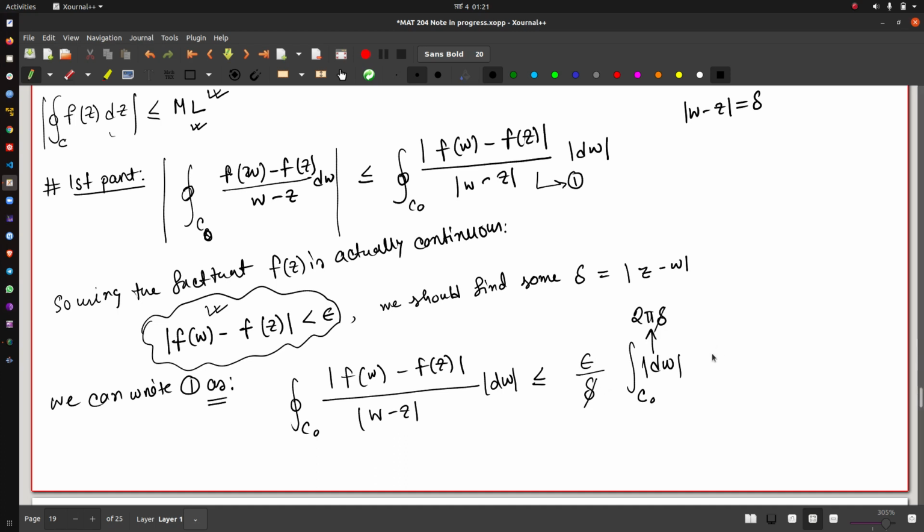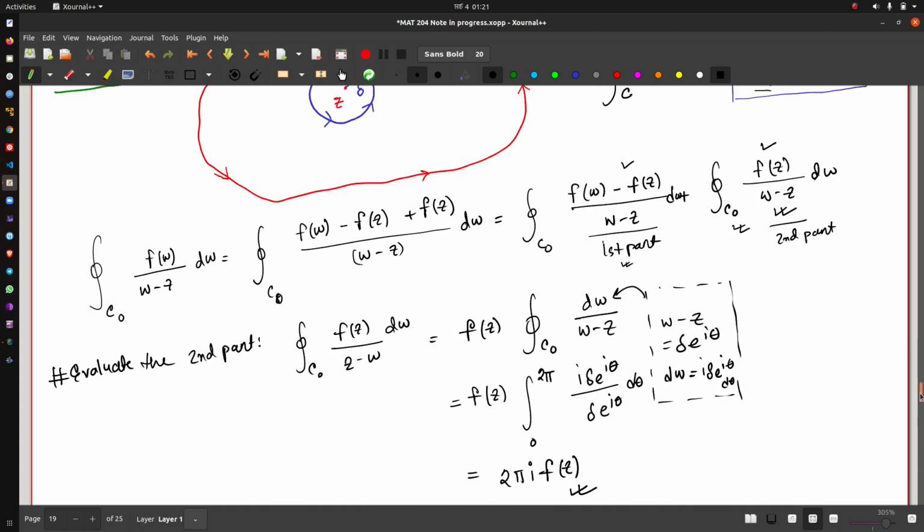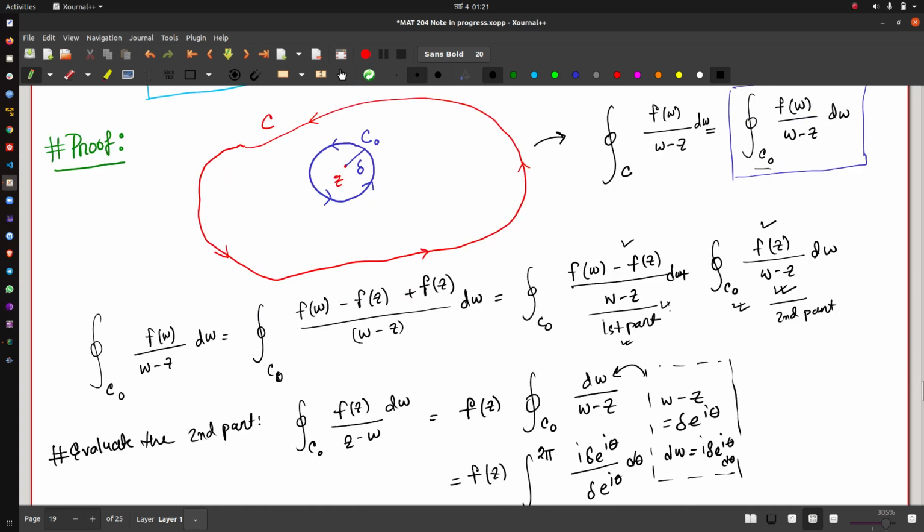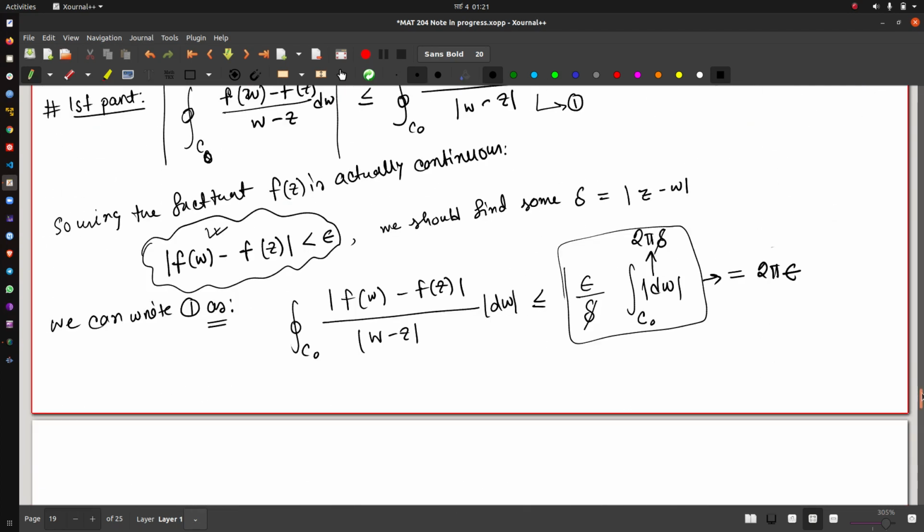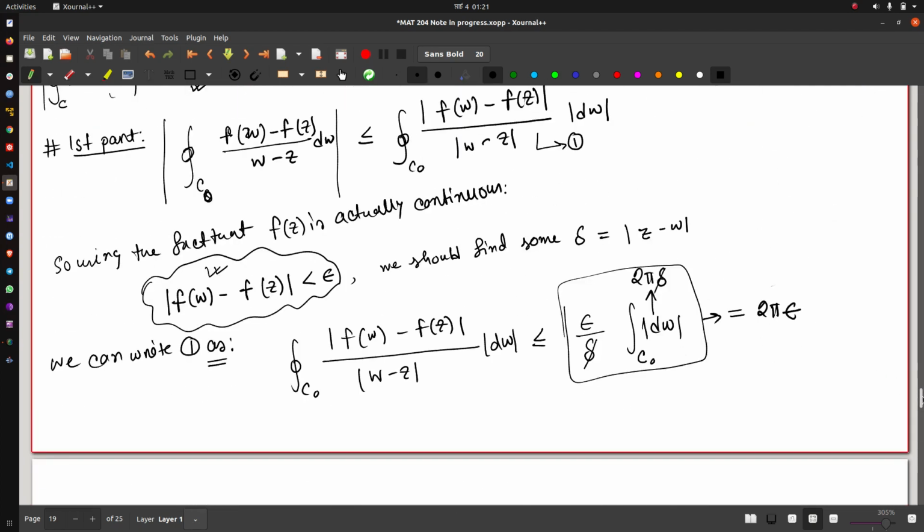So what you have ultimately is this portion is equal to 2 pi epsilon. So this whole integration, this contribution over here, this first part, is contributing some 2 pi epsilon thing, right?